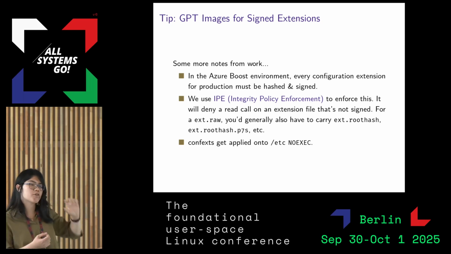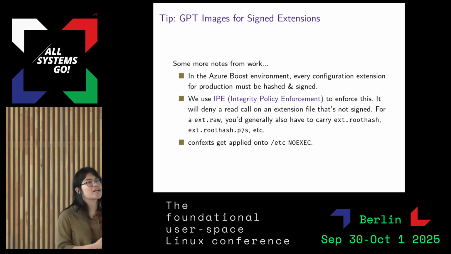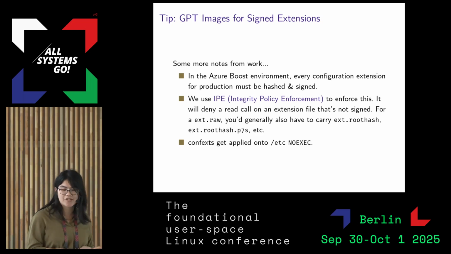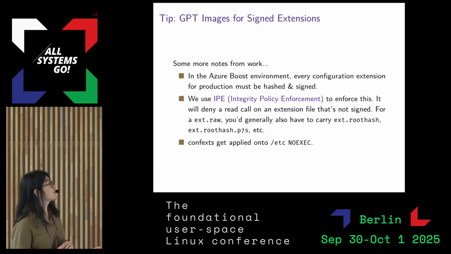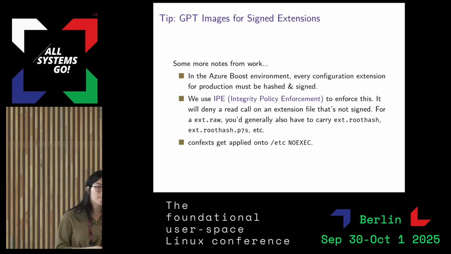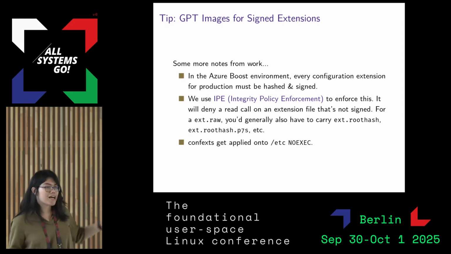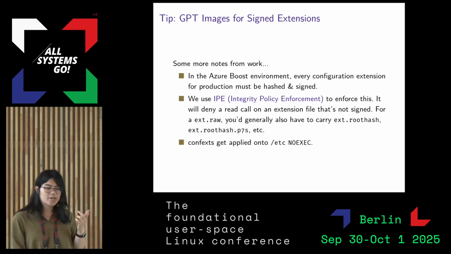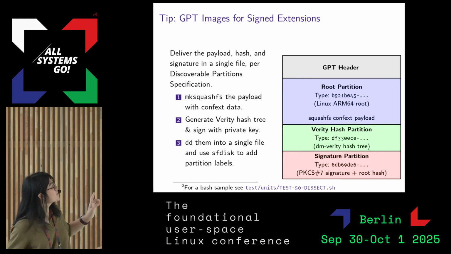So basically, if you try to read the configuration file and it finds out that it is not on a signed and verified partition, it will not let you read it. And so technically, for a single extension, you have to carry all of these signatures as well. If you don't want this to happen, if you want a little more convenience out of it, one thing that you can do is to use GPT images.